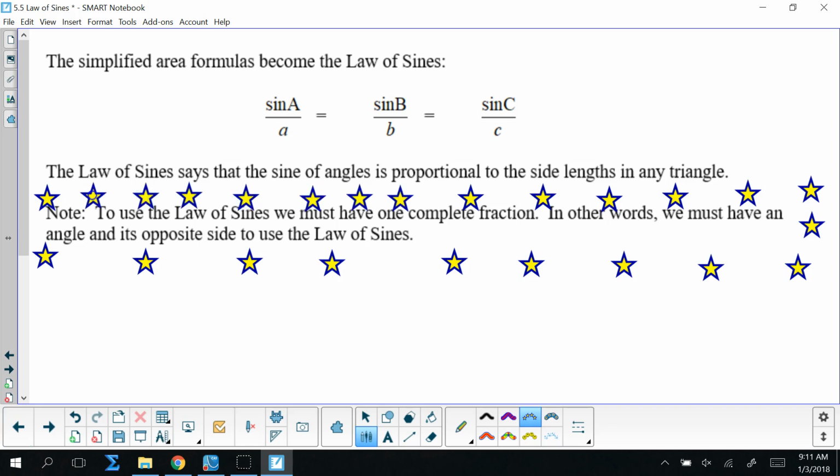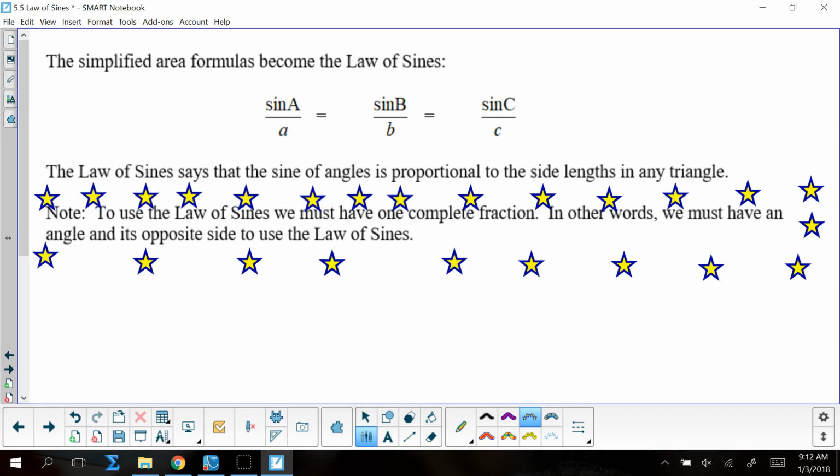You have to have an angle and its opposite side in order to use the law of sines. Okay? Have to. Otherwise you can't do it.